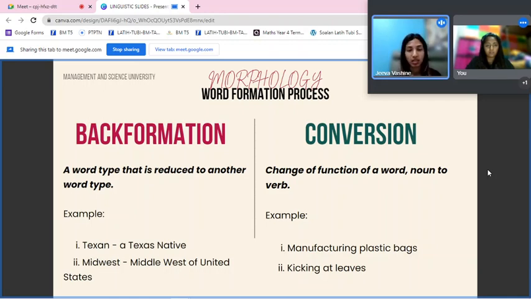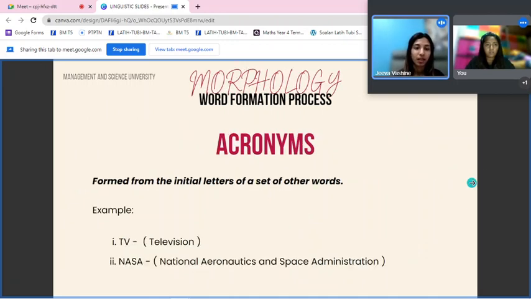And conversion is a change of function, for example noun to verb. The examples we took from the article are manufacturing plastic bags and kicking at leaves. So that's all from my part.